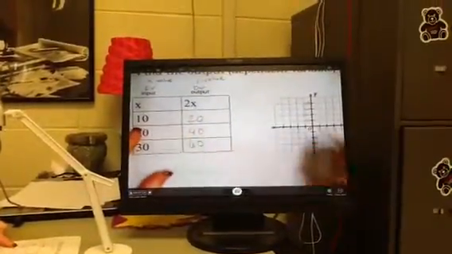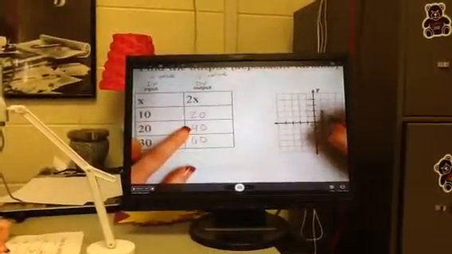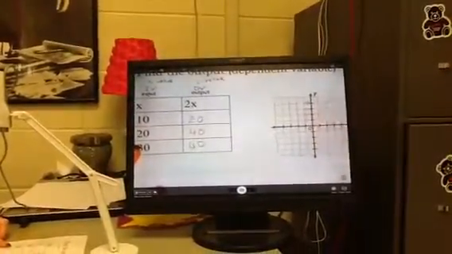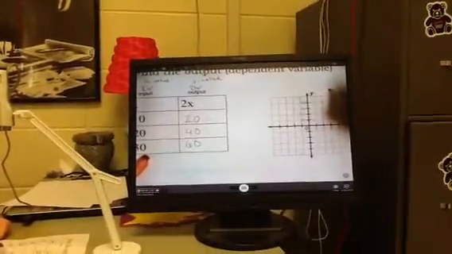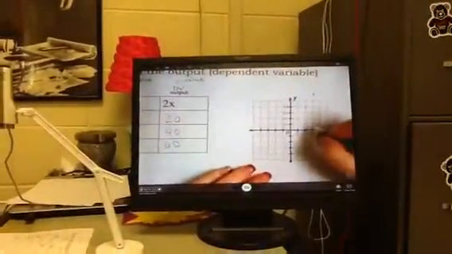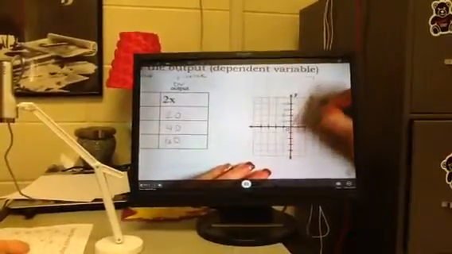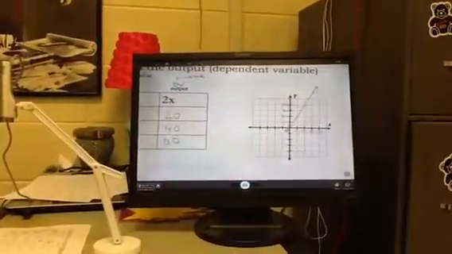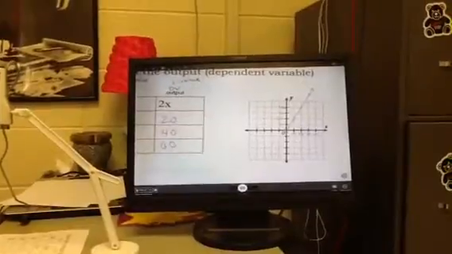I'm going to start at the middle, go over to the 10, up to the 20. The next one I go over to the 20, up to the 40. Next one I would go over to the 30 and up to the 60. So once I graph those dots, I can then connect them with a line. So I have now graphed my independent and dependent variable.